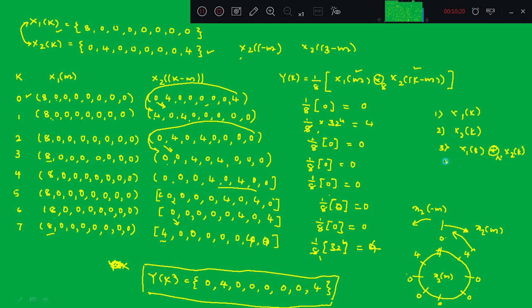Next you scale it by 1 divided by N, and this itself gives you Y of k. This Y of k is the DFT of y of n, and this y of n is the multiplication of two signals in time. So this is how we use the multiplication in time, or modulation, property to solve this example.